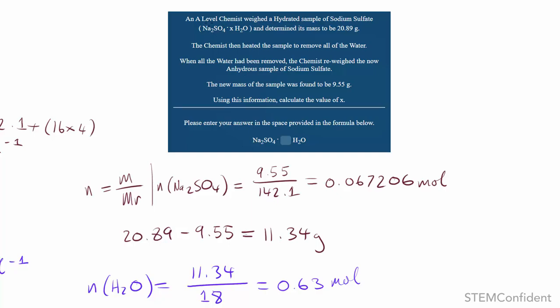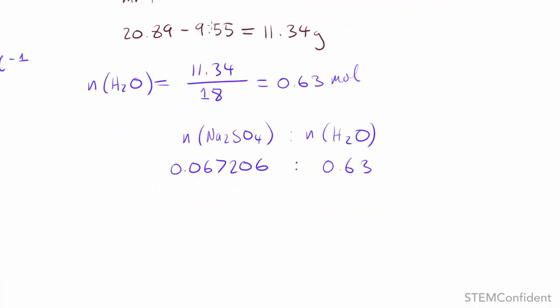As we discussed, the coefficient for the Na₂SO₄ is effectively 1. So because it's 1, we want the molar value corresponding to it in this ratio also to be 1 on the left-hand side. The way we can do that quite straightforwardly is dividing it by itself.